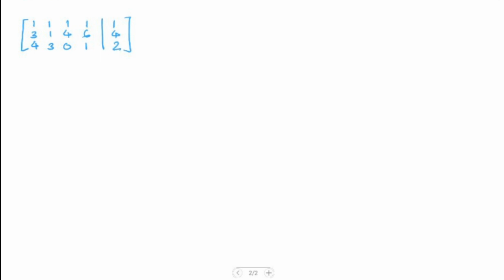Now what we're supposed to do to reduce this to row echelon form is use elementary row operations.